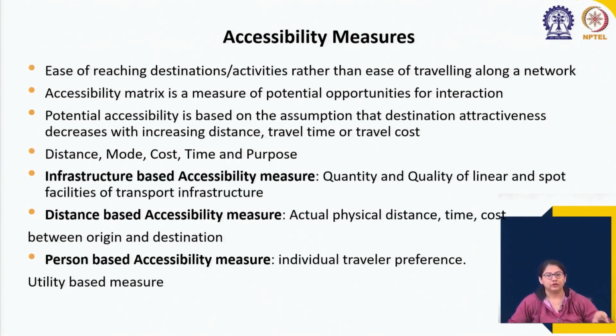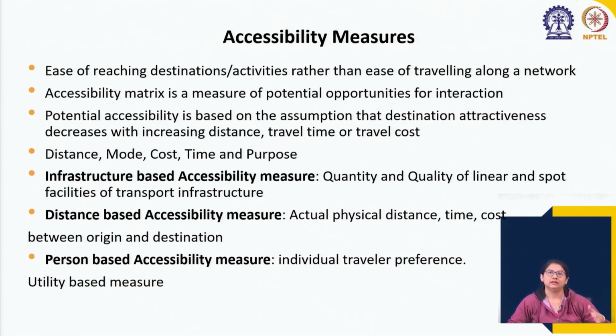Moving ahead, we already know that accessibility is related to reaching destinations or activities rather than simply ease of traveling along a network, and there are several measures of accessibility.